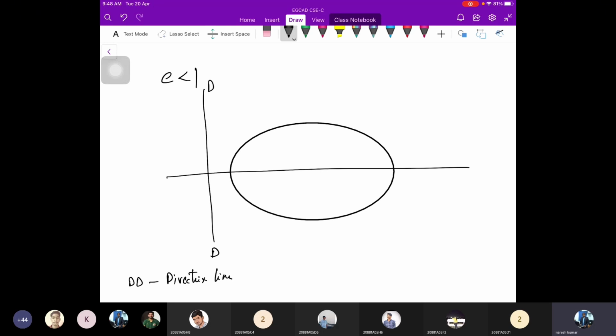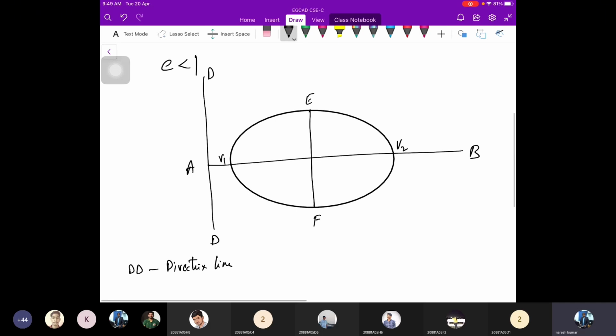We have two lines, AB, this is A, this is B, and EF, one more line. V1 and V2 are on the major axis.